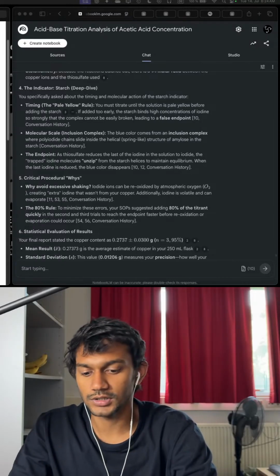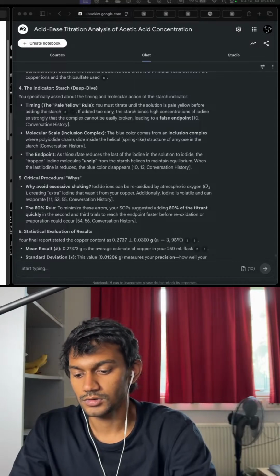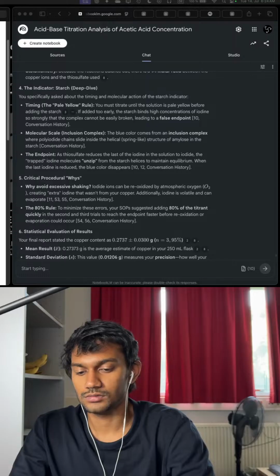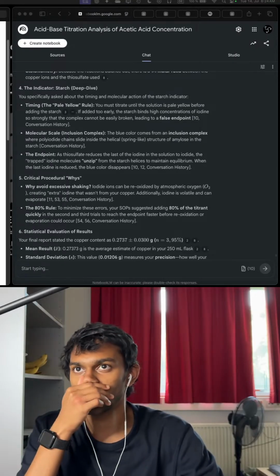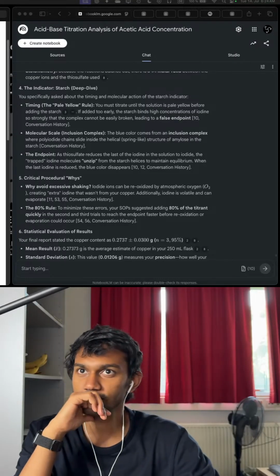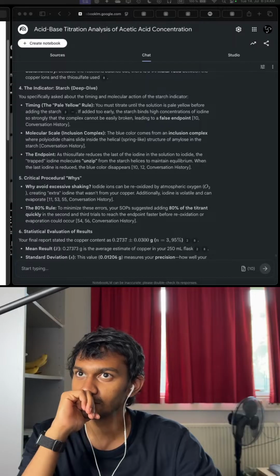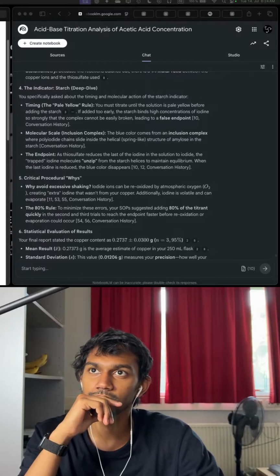Potentiometric precipitation titration. Oh no. I know they're going to ask this.